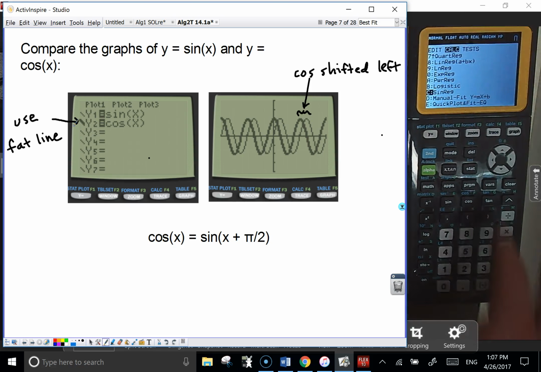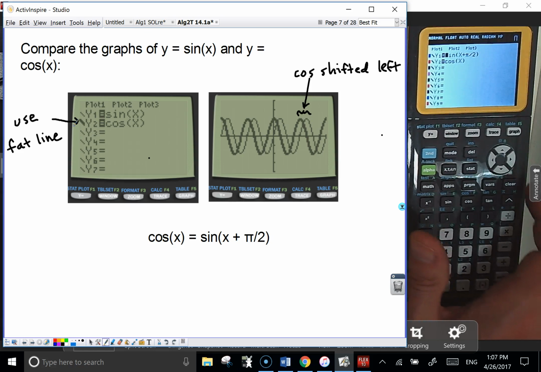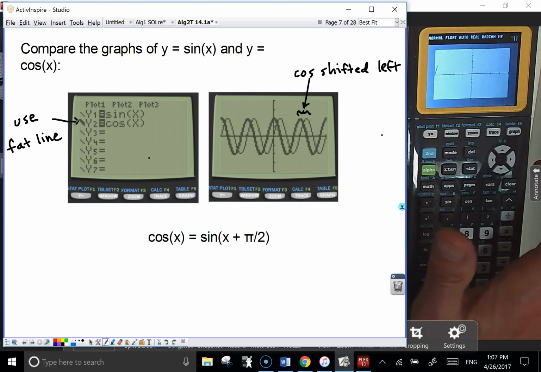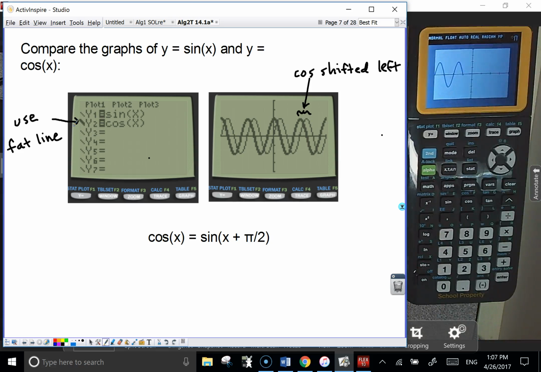Okay, now if I go back, something that might be important to note here. Delete, graph. If you look at the blue line again, the sine starts at 0, right? It goes to a maximum at pi over 2.